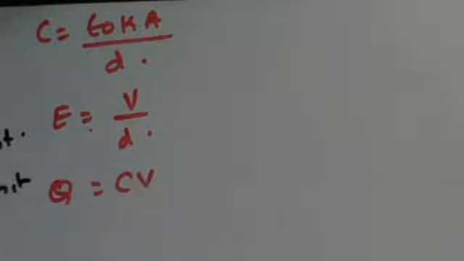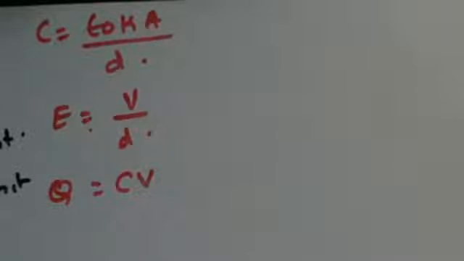Once I know the capacitance, then I can find the charge Q. First, let's find out the electric field intensity. Electric field intensity is nothing but potential difference upon D, and charge Q is CV. So all the three things you can find out.